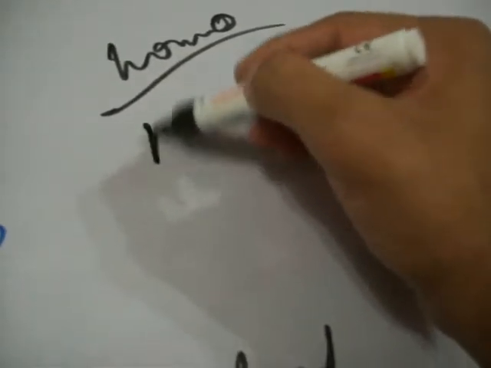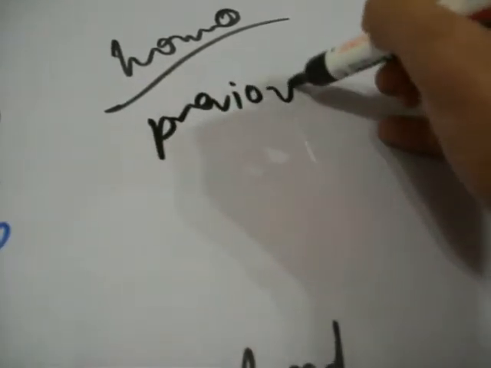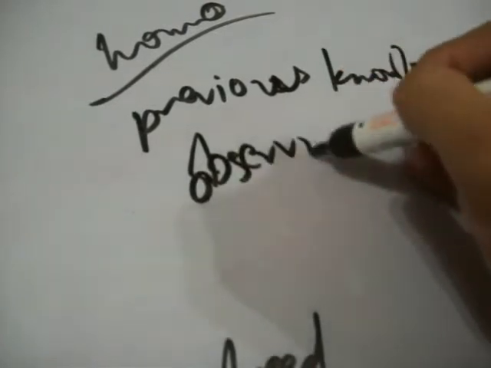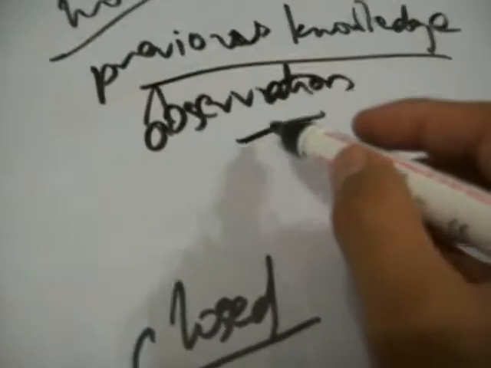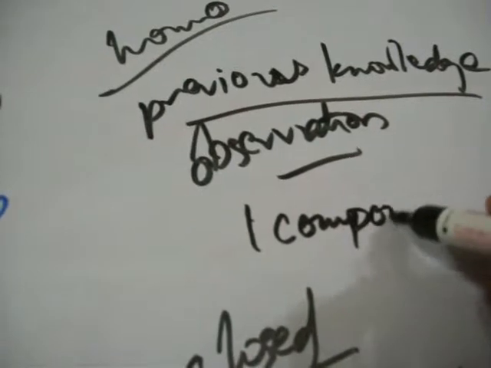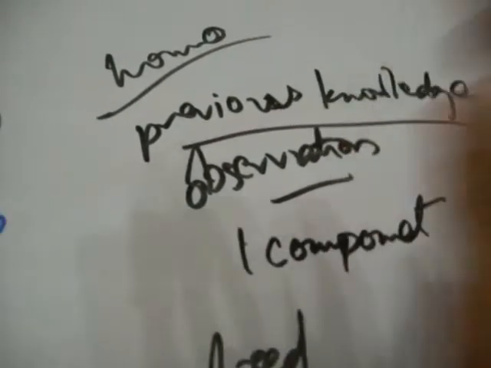There is previous knowledge and there is observation. If you observe that there is only one component, then it's a homogeneous system.